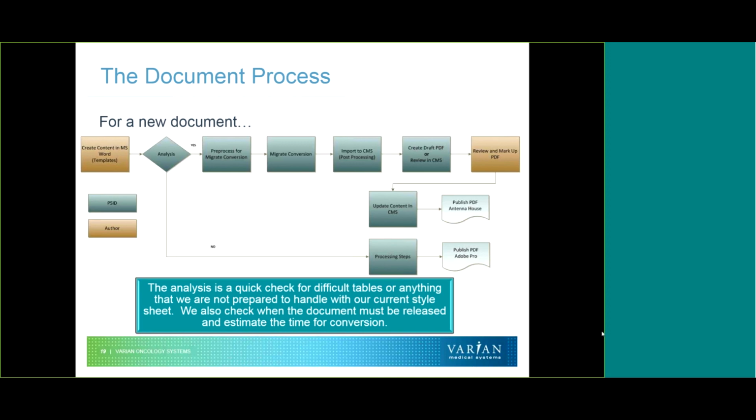One thing to mention here is Catherine's new templates will hopefully reduce that pre-conversion by having things marked up appropriately, and then changing those Migrate rules to convert efficiently. We do our Migrate conversion in the cloud, and then we import that into our CMS, where we might have to do post-processing. I think we always have to deal with some level of post-processing of that document in order to publish it.